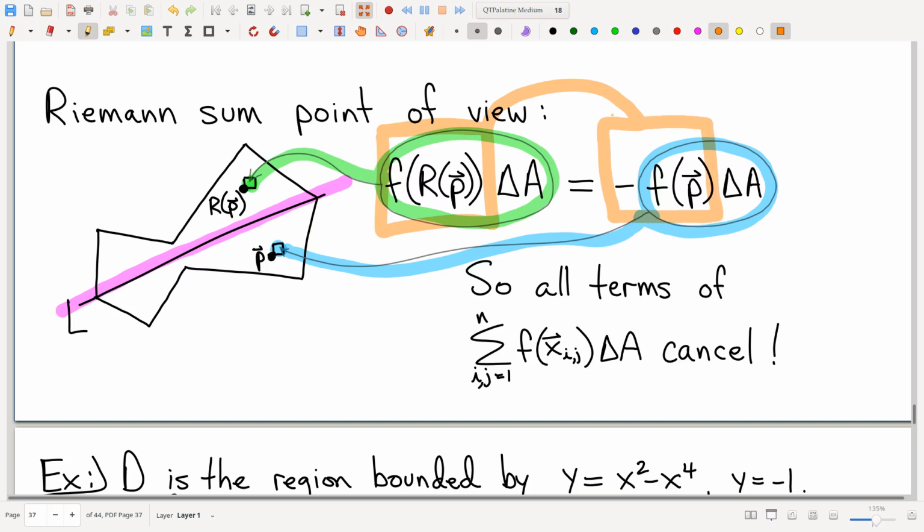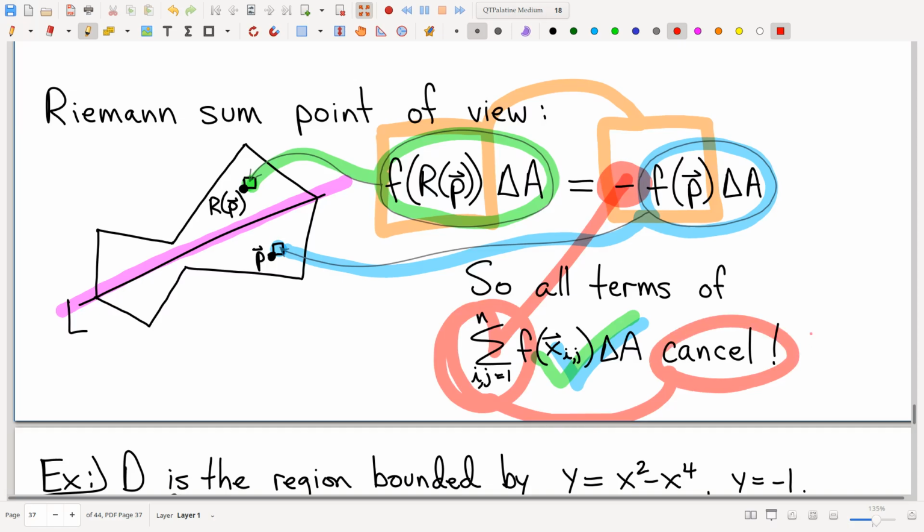An odd function is a function where if you reflect the input, you negate the output, just like in single variable. And then we get this same punchline that these two terms, there's a green term in that summation and there's a blue term in that summation. And because of this minus sign in the summation, they cancel.